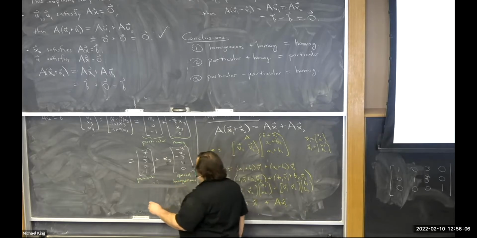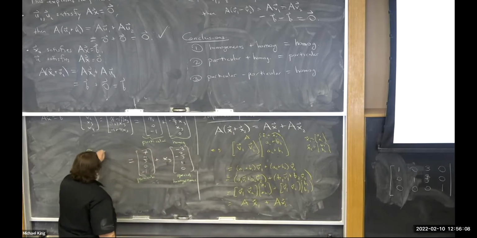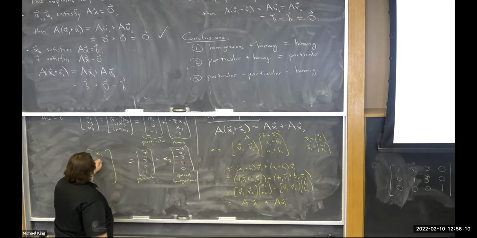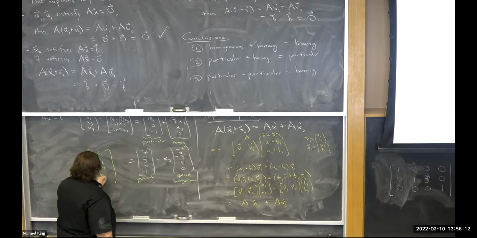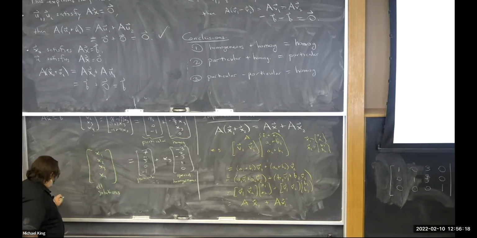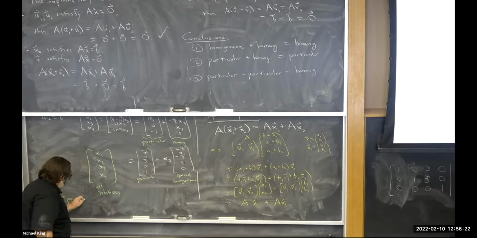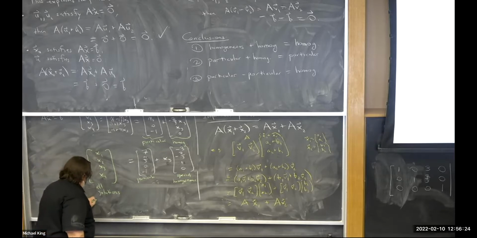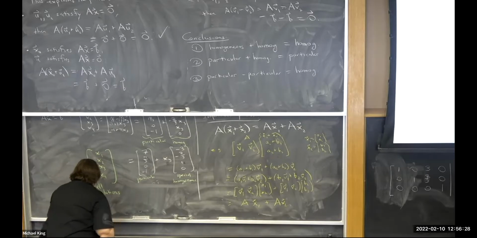And so all solutions equals, if I just write x1, x2, x3, x4, this is all solutions. And so this is called a parametric form of solutions, where the free variables become the parameters. Parametric vector form, actually, it's called.